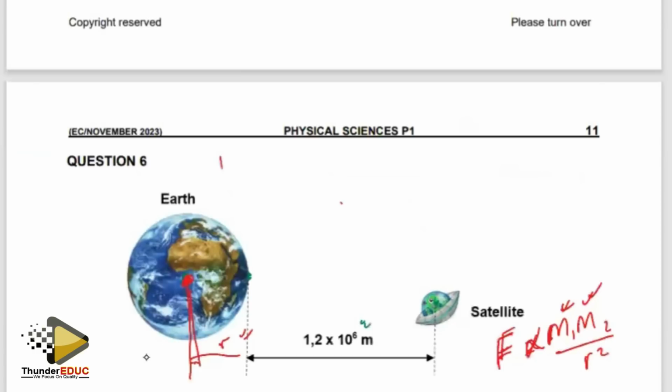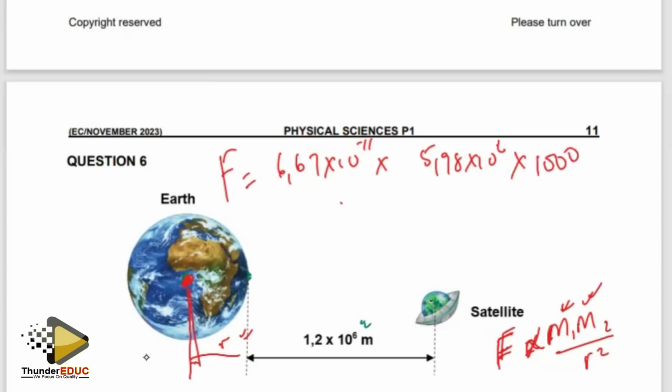Okay, 6.38. Let's see. So F, we said it's G. We know that G is 6.67 times 10 to the negative 11 multiplied by the mass of the Earth. We know that it's 5.98 times 10 to the 6. But I'm going to multiply again by the mass of the satellite, which is 1,000 kilograms, over the distance of separation, which means I have to add these two.